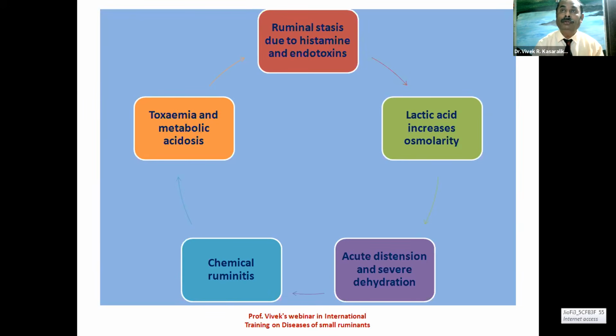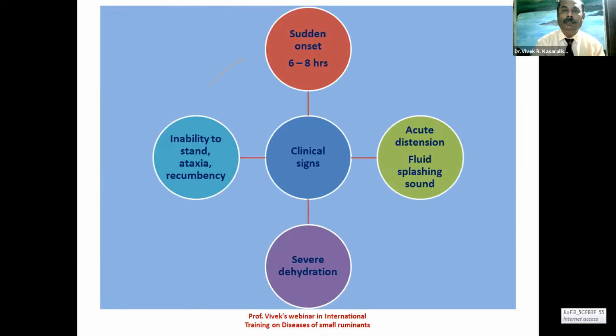The lactic acid in the rumen can cause chemical rumenitis, which causes sloughing of the rumen mucosa, and that's why the endotoxins in the rumen get absorbed, resulting in endotoxemia. Apart from that, lactic acid is also absorbed into the systemic circulation, ending up in metabolic acidosis. So this is another part of the pathogenesis of lactic acidosis in ruminants.